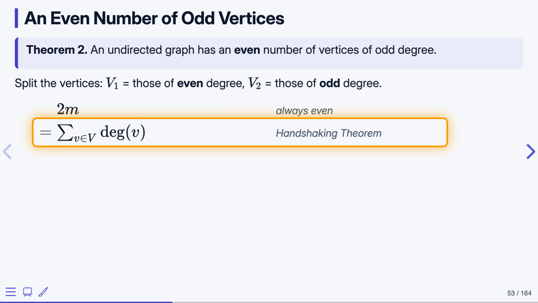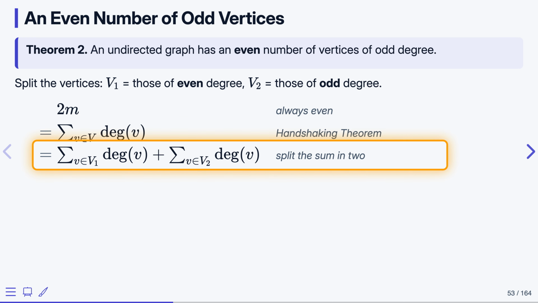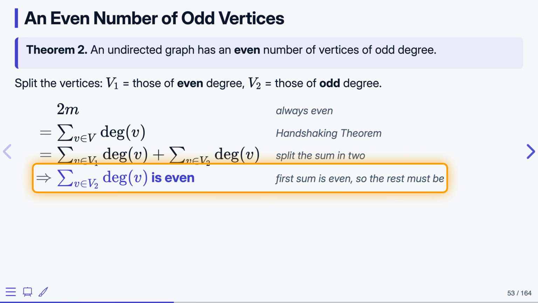Step 1. The handshaking theorem says 2m equals the sum of all the degrees. Step 2. Split that sum into the two groups, 1 piece over V1, 1 piece over V2. Step 3. The piece over V1 is a sum of even numbers, so it is even. The whole thing is even.